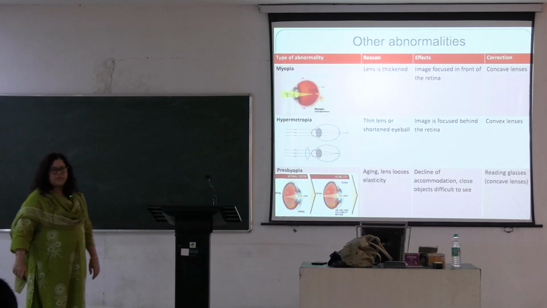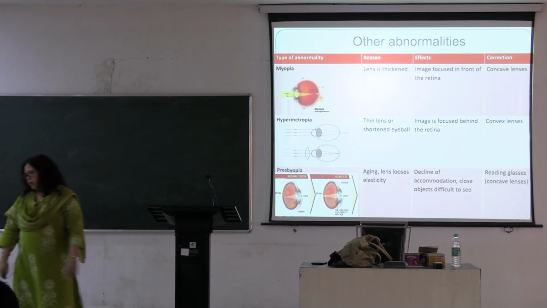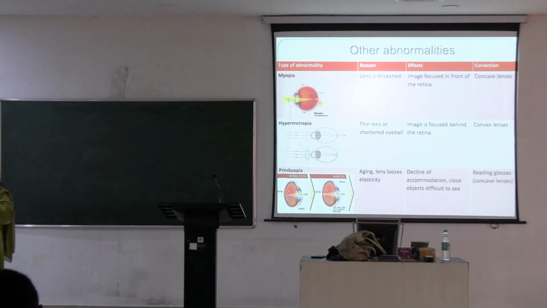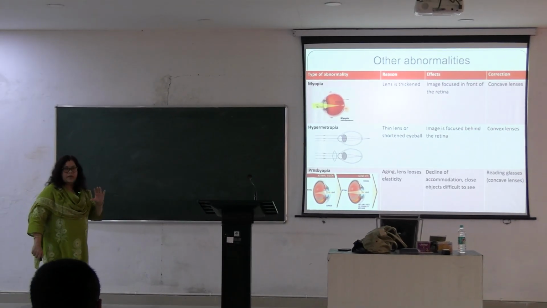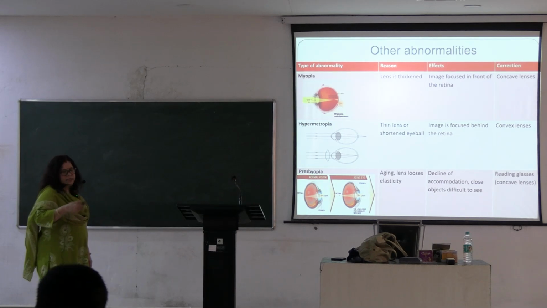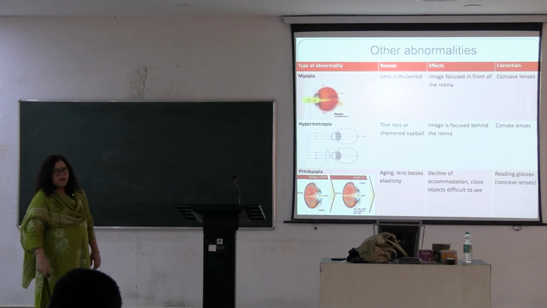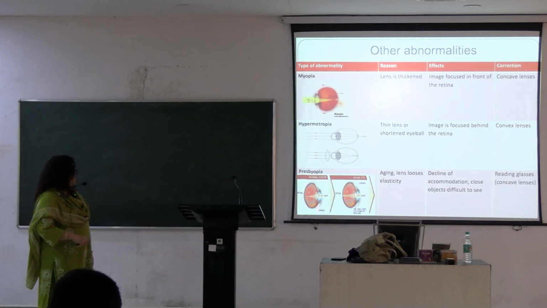Then presbyopia. Presbyopia is not a disease. It occurs when the elasticity of the lens is decreased. When age increases, its elasticity also decreases. The lens accommodates for near objects, but its accommodation power is reduced gradually.